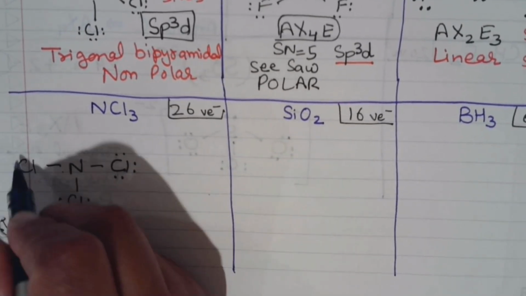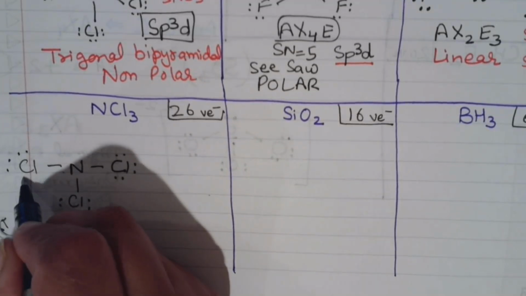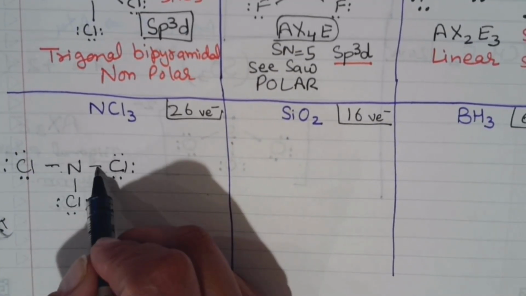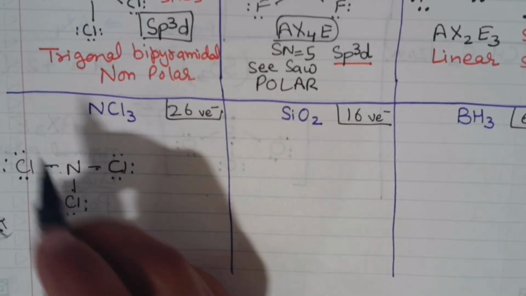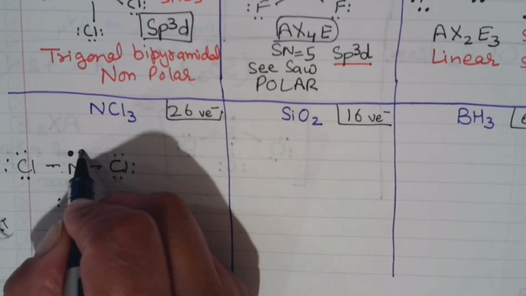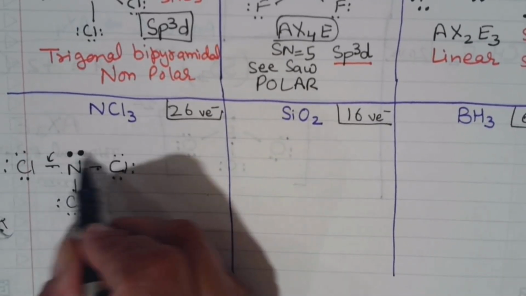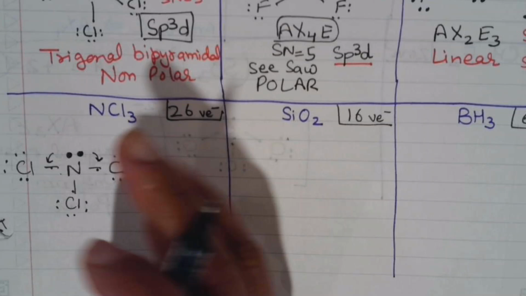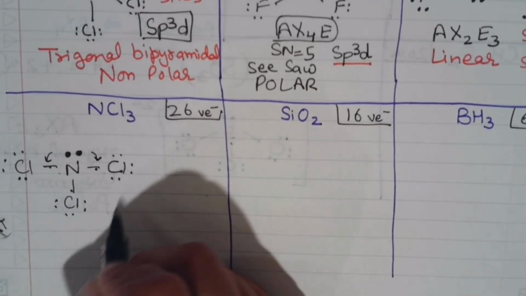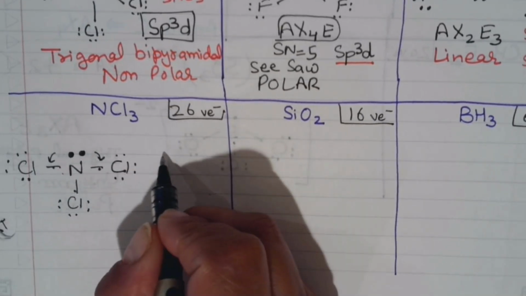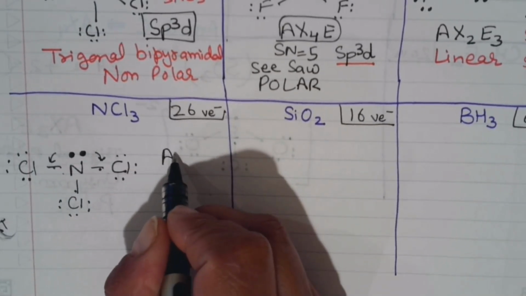So chlorine completes its octet. We have used 6 times 3, 18, 19, 20, 21, 22, 23, 24, and there's 1 lone pair on nitrogen, right? So this lone pair is going to push these bond pairs away from it. So the molecule is not trigonal planar, right? Whenever there's a lone pair on the central atom, it kills the symmetry.